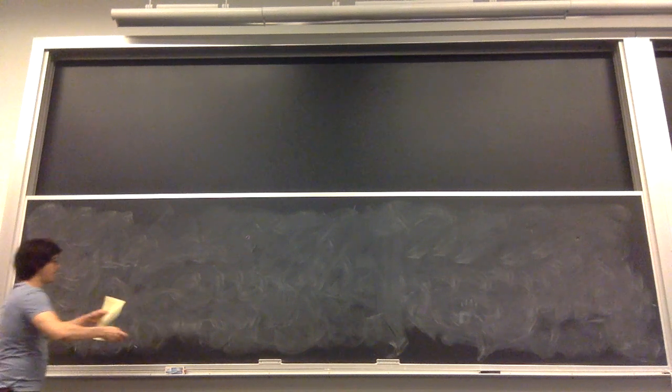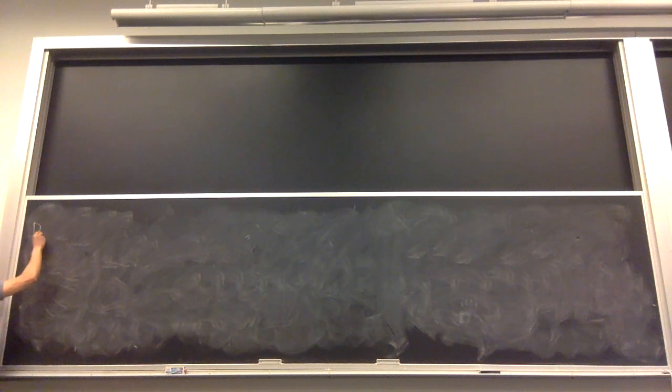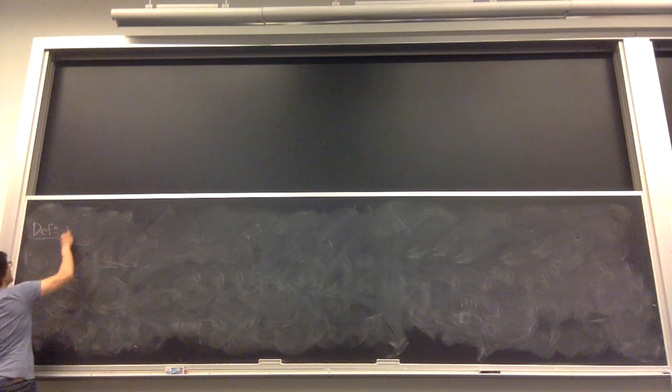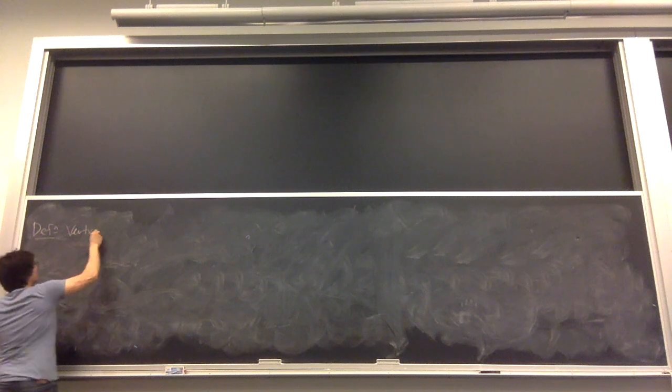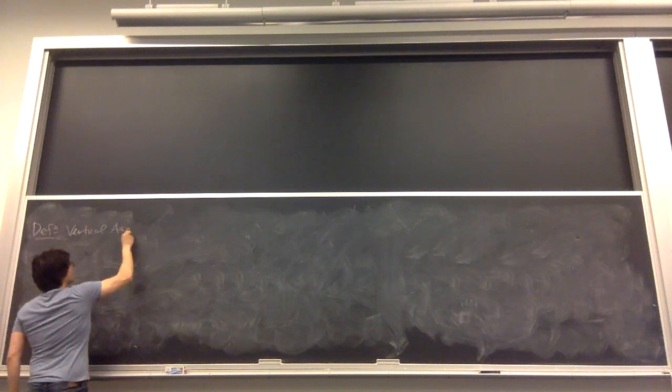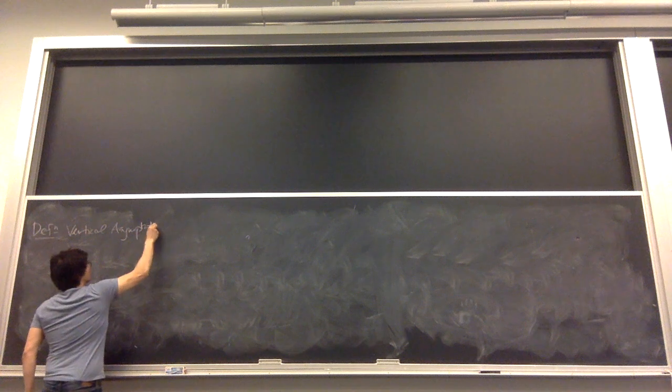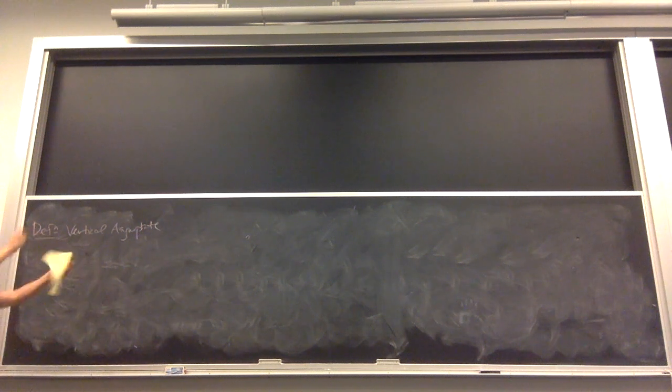So, very quickly, we just did two functions where we saw that there is behavior going to infinity, right? So I just want to give you the definition of what we call a vertical asymptote. That's when a function heads to infinity.